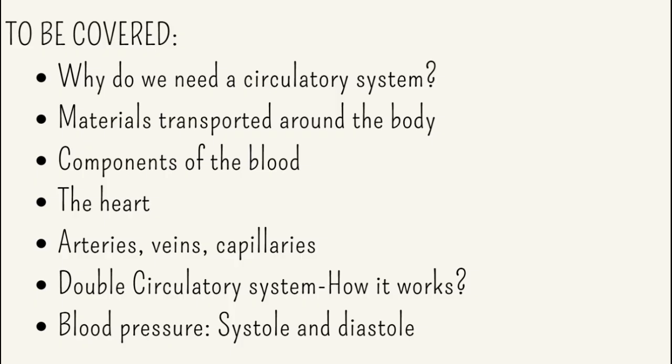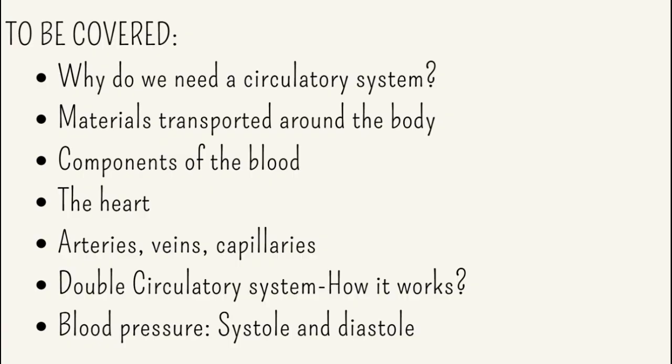The topics that we're going to go into are, first, why do we need a circulatory system. Second, the materials that are transported around the body. Then the components of the blood. Then the structure of the heart, like the design or outline of the heart. Then blood vessels such as arteries, veins, and capillaries, and the role that they play in all of this.